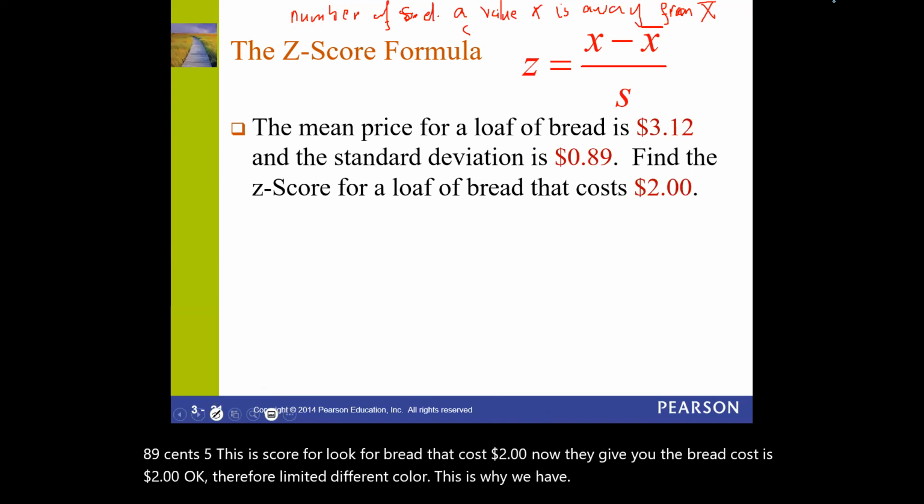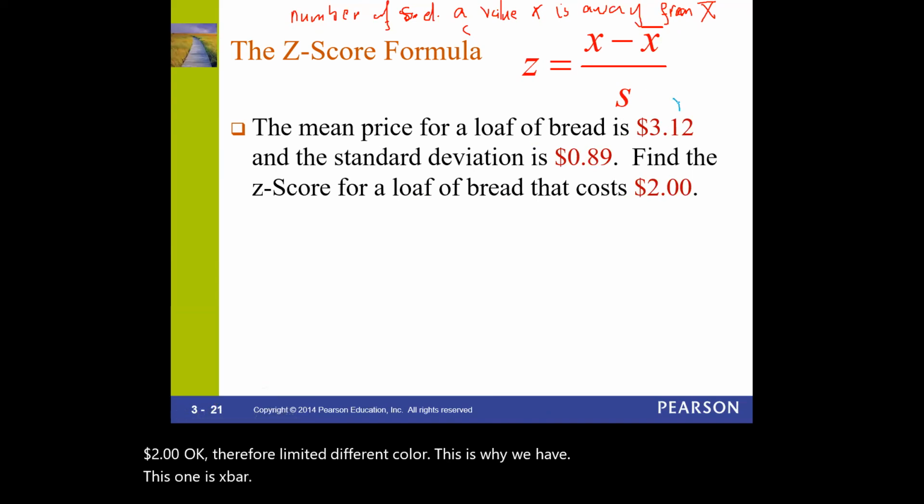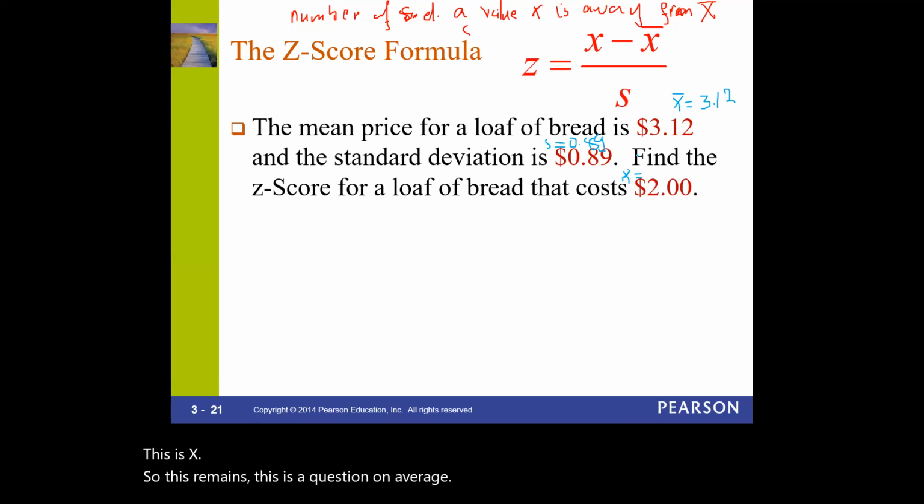This one is x bar, the average, 3.12. This one is s, 0.89. Now this is x. On average, $2 is about 89 cents away from $3.12. That's what it means on average.